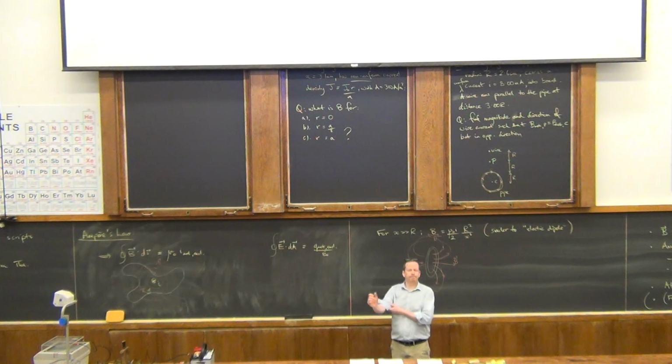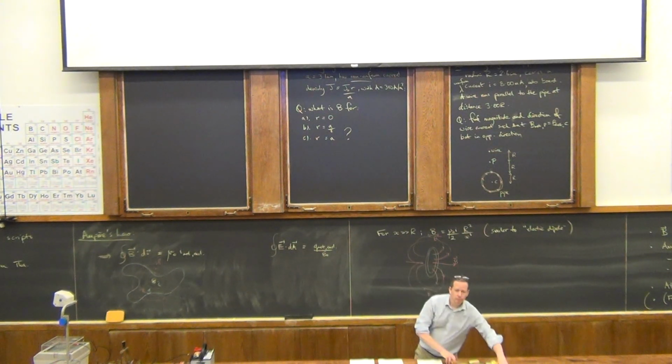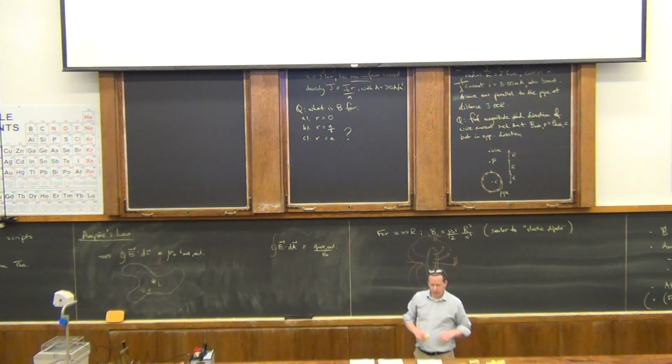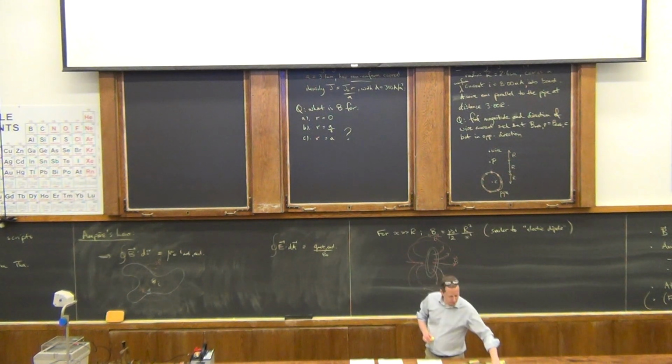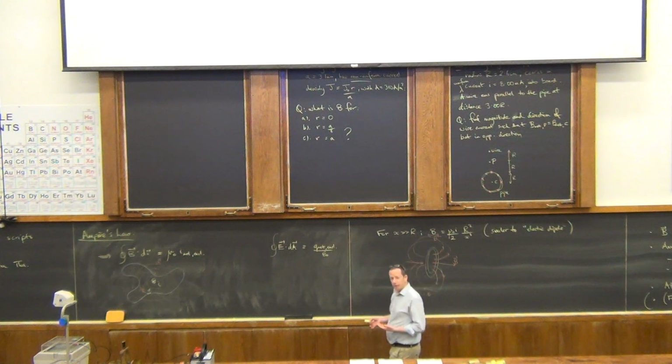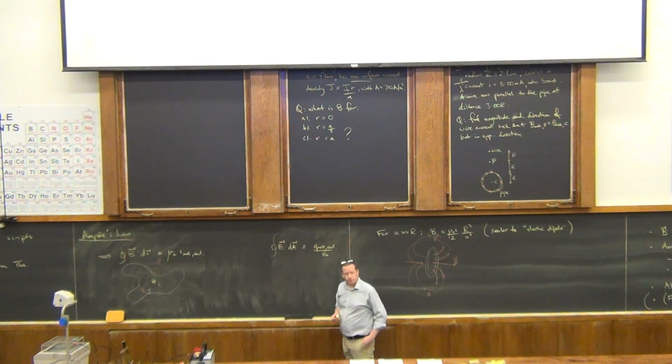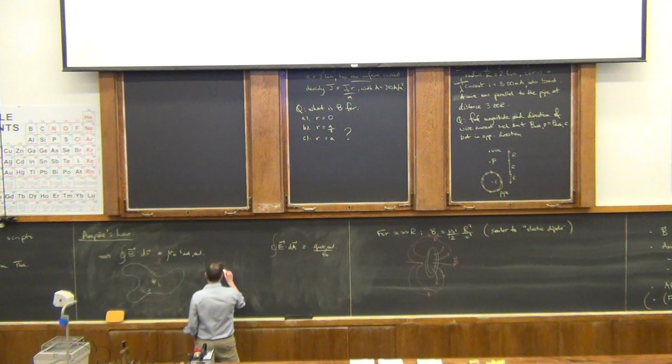Yeah, question? So do you just choose the direction of ds? Okay, so now we have to talk about direction, right? Because there's some ambiguity here. So we need a convention.